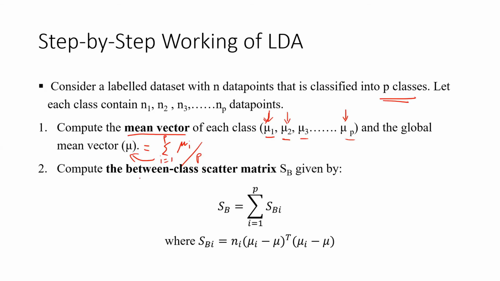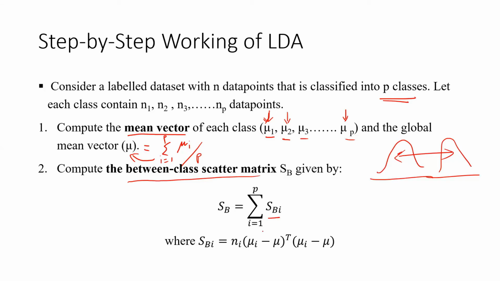And then you have to compute the between class scatter matrix. Now between class, as I was saying, means between the two classes you have to maximize this separability, right? So this can be done by getting this value. So you have to do the summation over the classes.